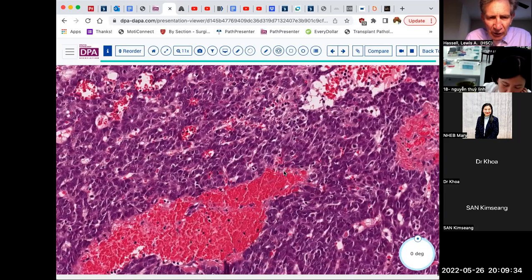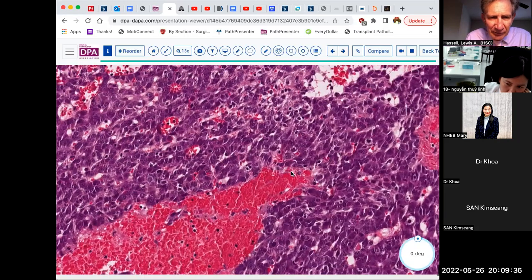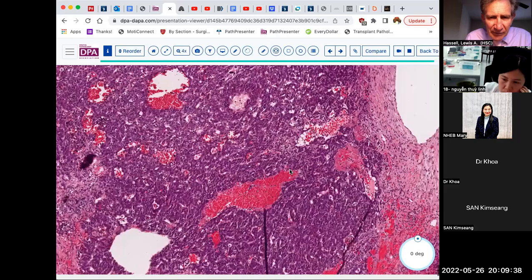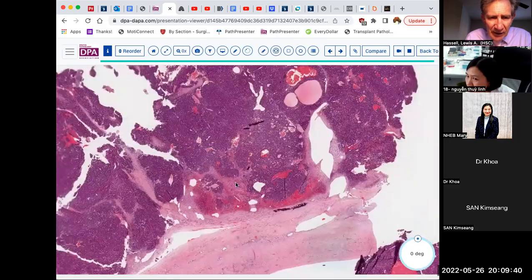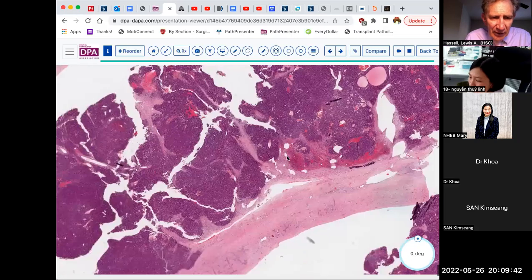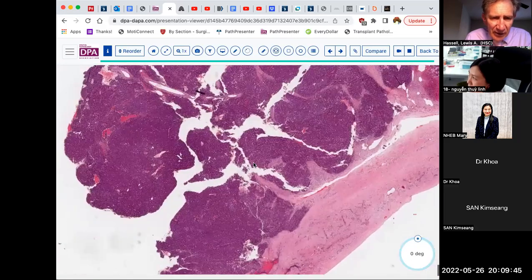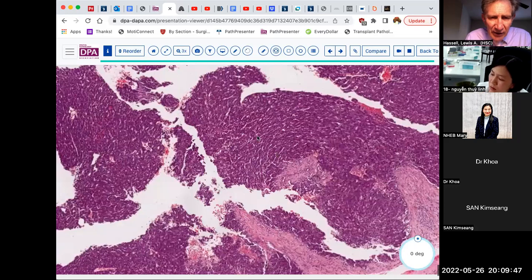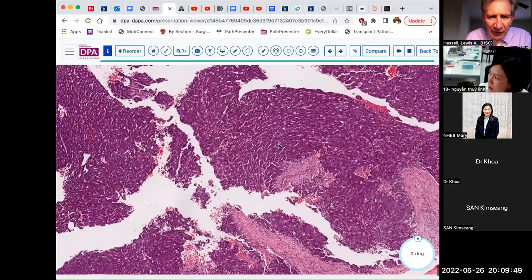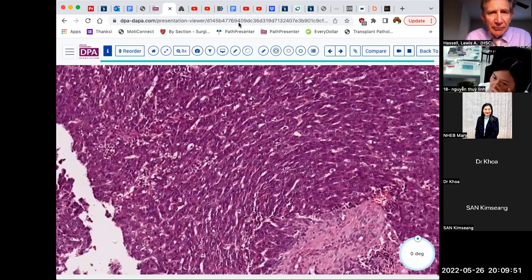Sort of a pseudo angiomatous pattern. So fairly uniform all throughout pattern.